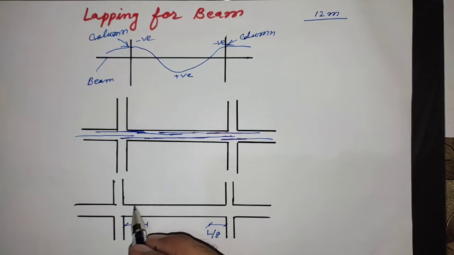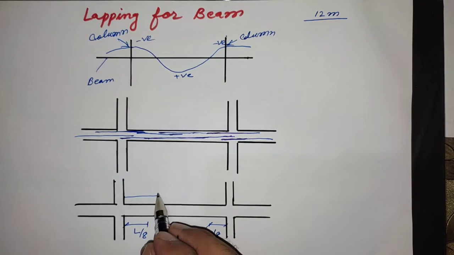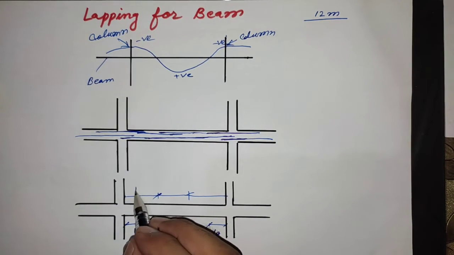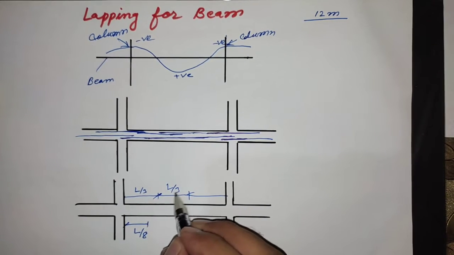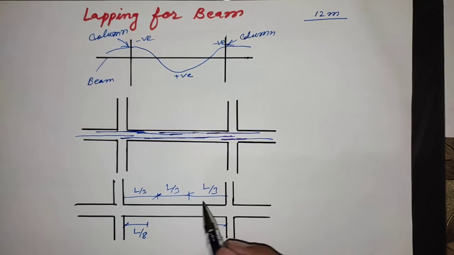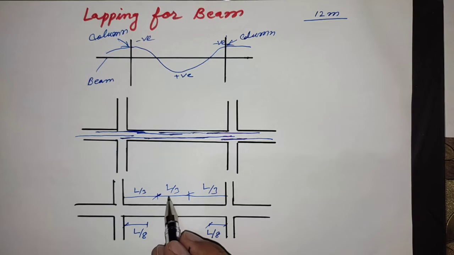And for top reinforcement, L by 3, L by 3, L by 3. In upper portion we will provide overlap here, and in the bottom portion we will provide overlap in this L by 8 side portion, also in this side.